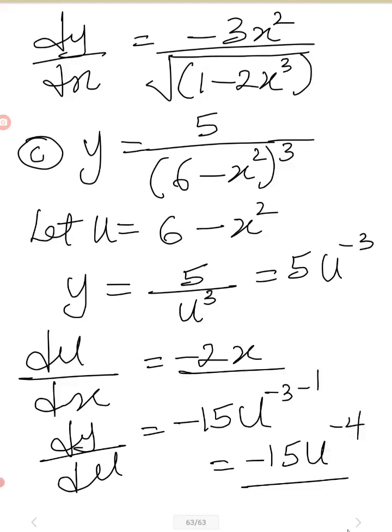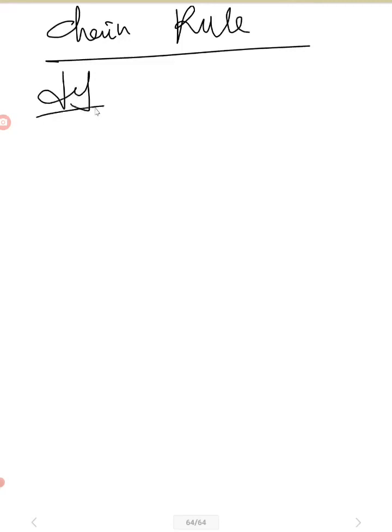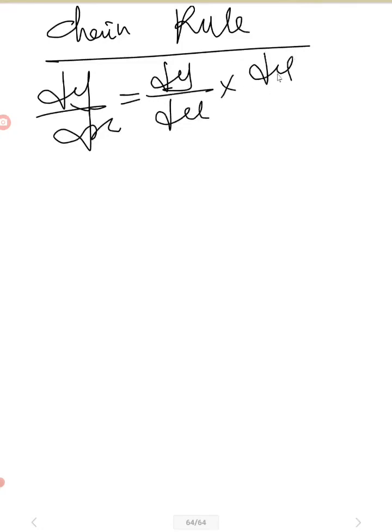What we need to do is apply what we call the chain rule. The chain rule tells us that dy with respect to x is dy with respect to u times du with respect to x.